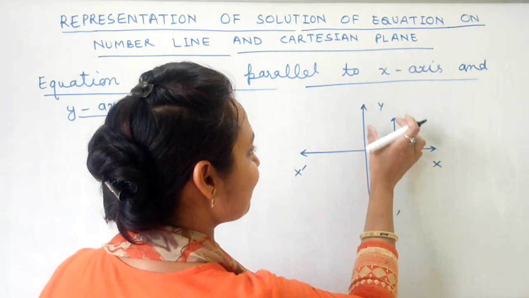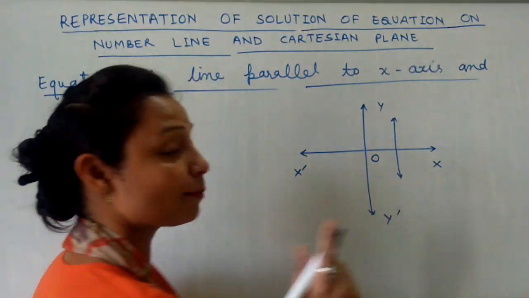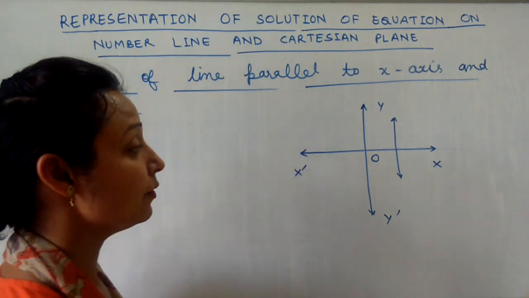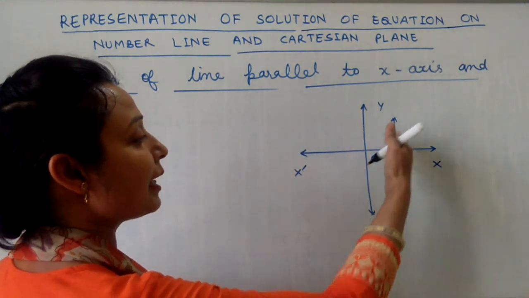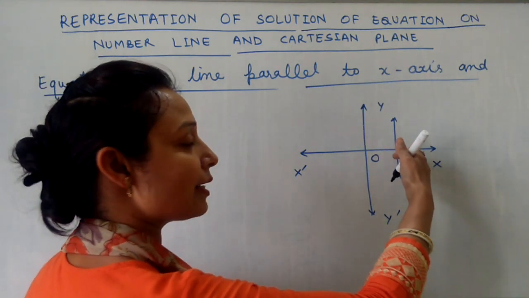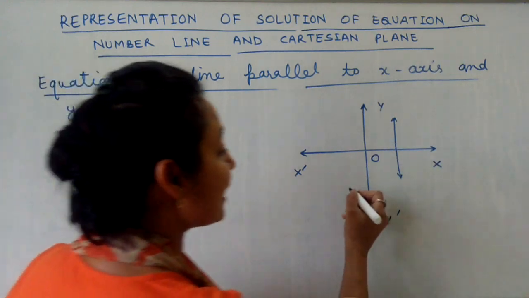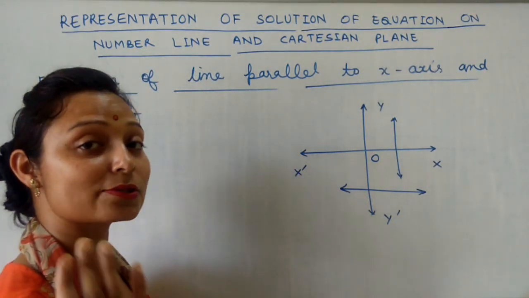If any line is parallel to the x-axis, that is this. That is the point of x. If any line is parallel to the x-axis, then at those points y is equal to 0. If any line is parallel to the y-axis, there is only a point of y and x is equal to 0.